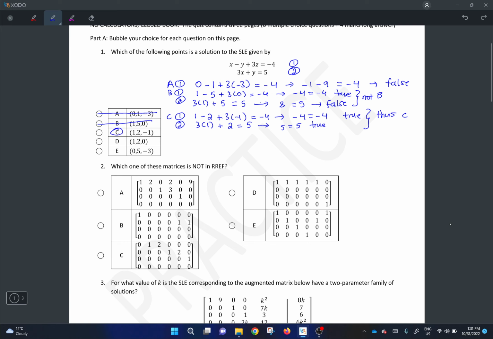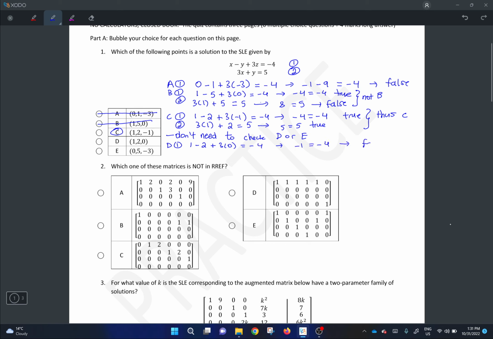Now, for fun, we don't need to check D or E, but we could. If I check D, equation 1, we're going to have 1 minus 2 plus 3 times 0 is equal to negative 4. Negative 1 is equal to negative 4.